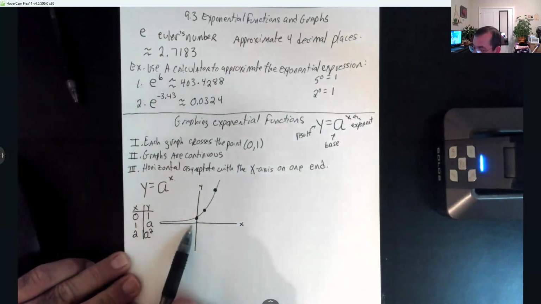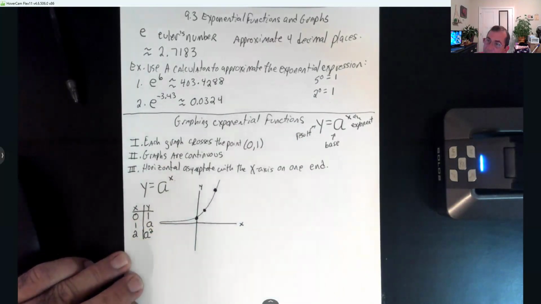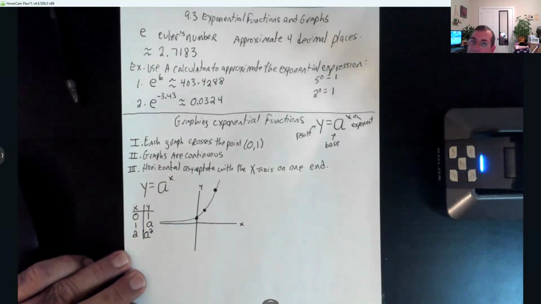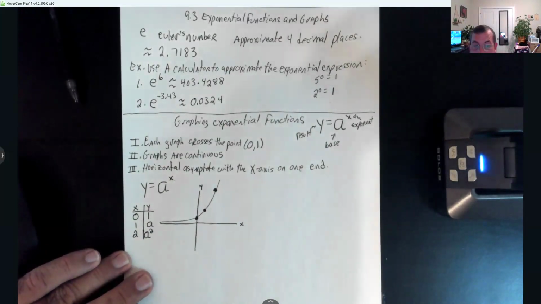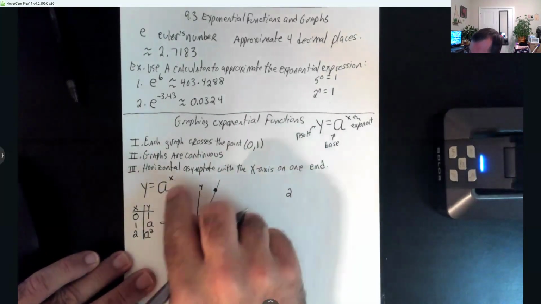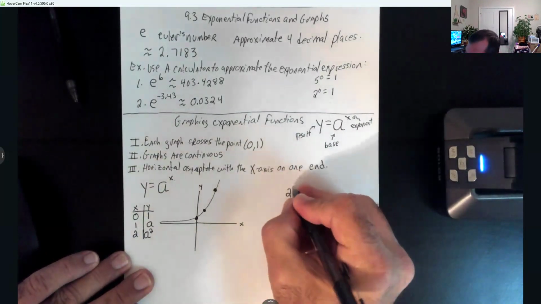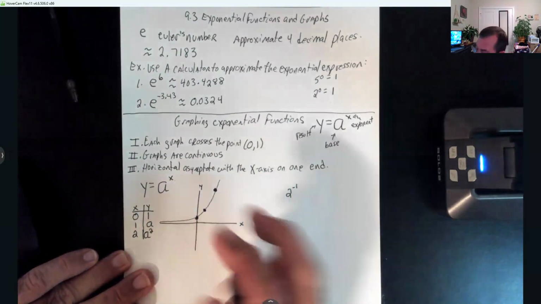Now, on the left side, if these were negative exponents, they are really what you would call fractions in disguise. So let me show you how that is. Let's say x was -1. So I'm just going to show you how this side's getting closer to the x-axis.